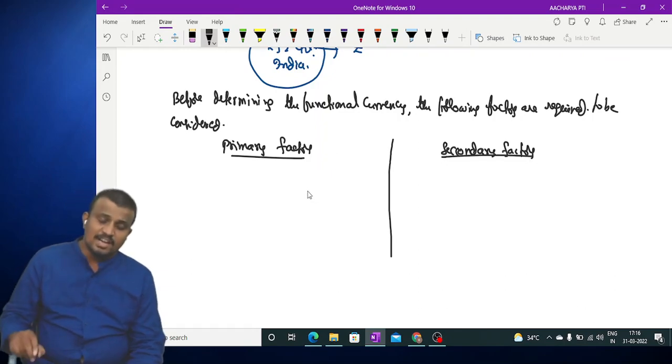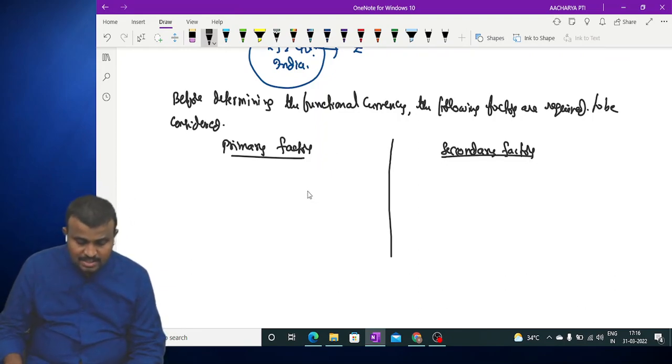So there are primary factors and secondary factors. What are the primary factors?